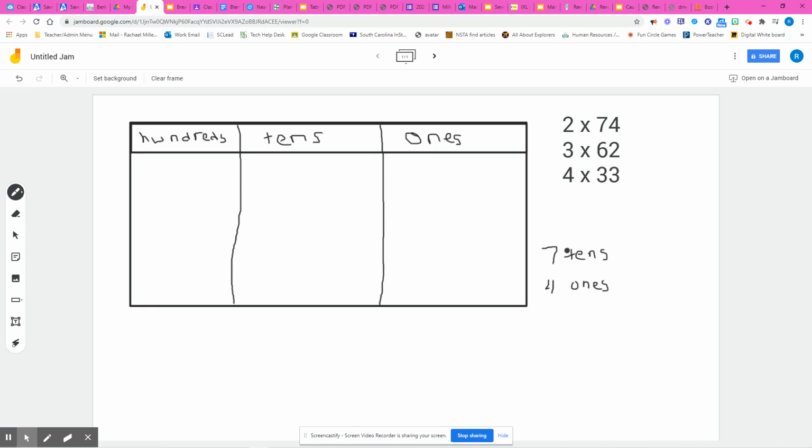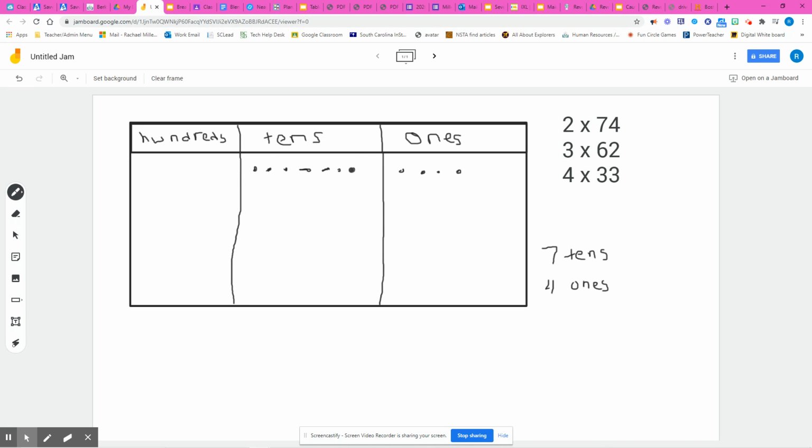We can draw this in our chart like this: 7 tens, 1, 2, 3, 4, 5, 6, 7, and 4 ones. 1, 2, 3, 4. Okay, so there's our 7 tens and 4 ones.